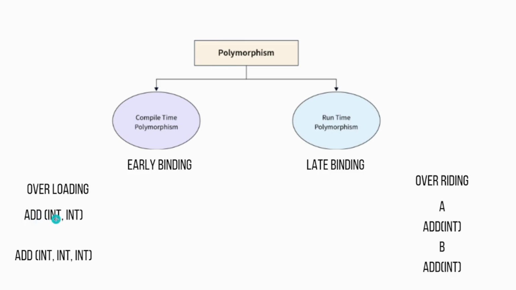If one add method gets two int parameters, another add method gets three int parameters. This would be method overloading, and based upon the parameters the execution chooses which method it has to call.